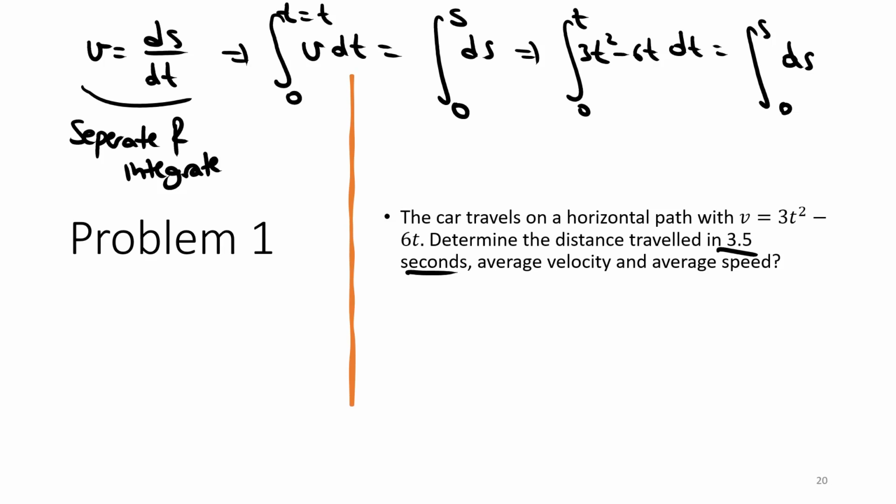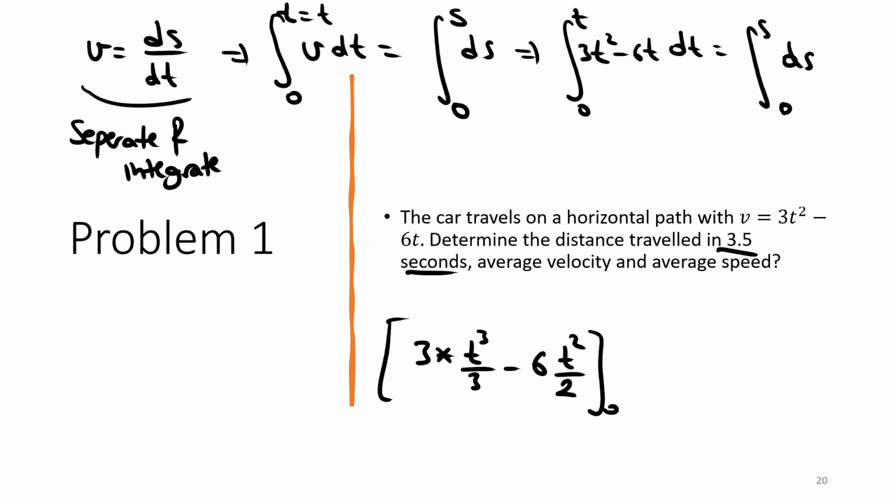That's what it means. So if you integrate it, let me write in full form. The first one will be 3 times t to the power of 3 divided by 3 minus 6 times t to the power of 2 divided by 2.